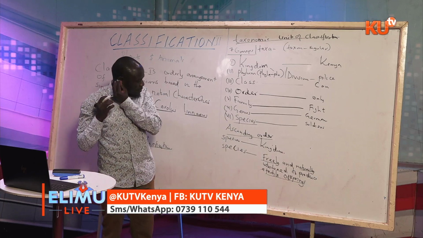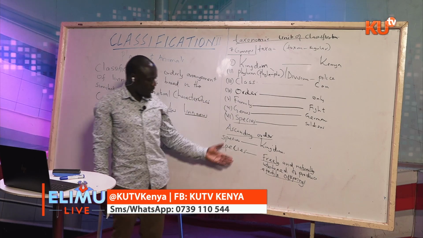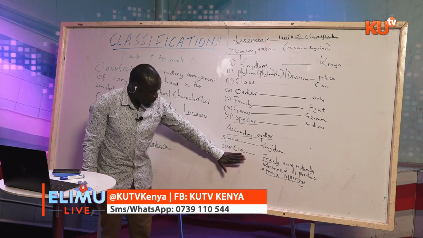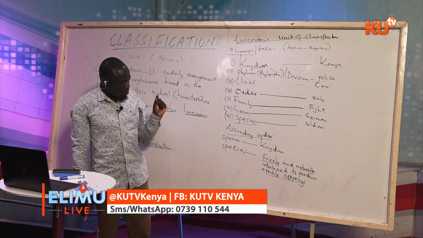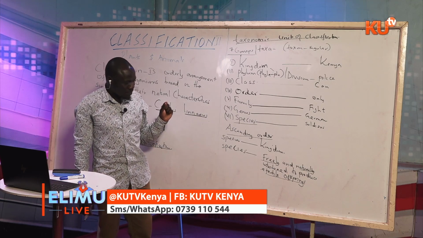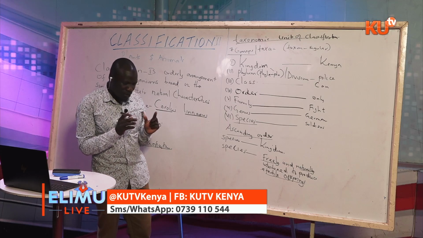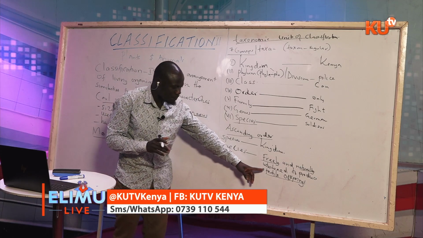Those are the things we check while dealing with this concept. Then for those organisms that can maybe mate, the mating can take place, but the aspect we are looking at is whether they are able to produce a fertile offspring.